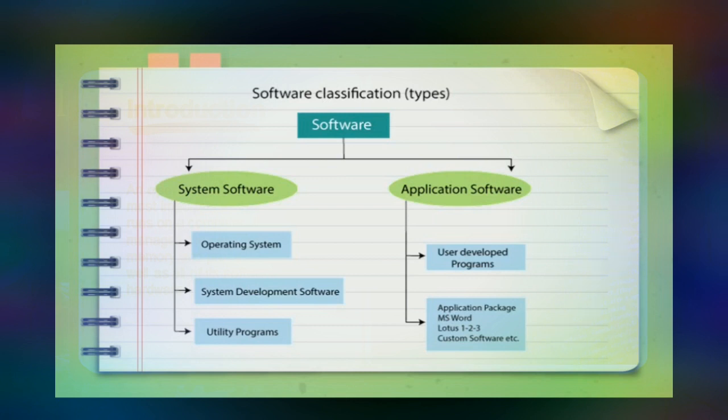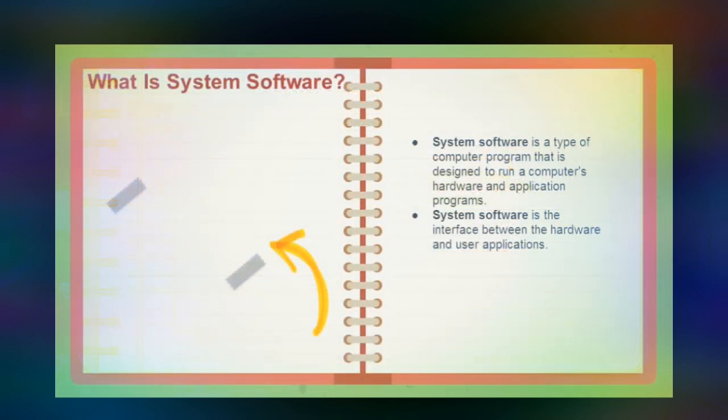Now, system software and application software, these are two types of software. System software means operating system, and application software means those software which run on the operating system, like Microsoft Office, some browsers also, some games also. So these are application software. Now, what is system software?